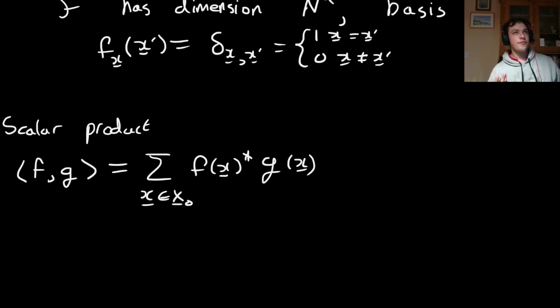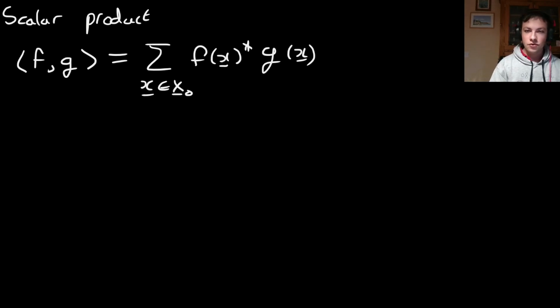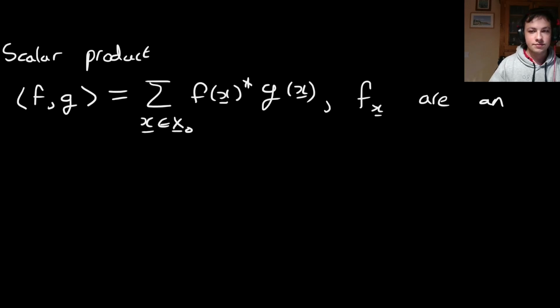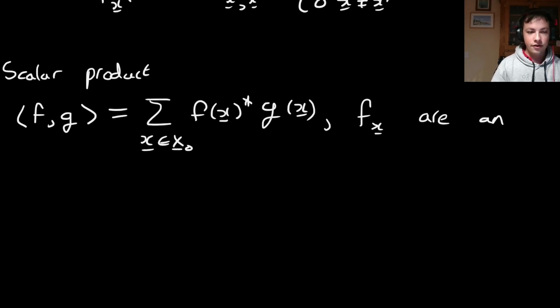When we later generalize this to any complex vector space, we'll have a vector at each point, and then it will just be the dot product of the vector at x from f with the vector from g, using the dot product on the other vector space. But we'll talk about that more later. Now, obviously, in this basis, fx are an orthonormal basis.